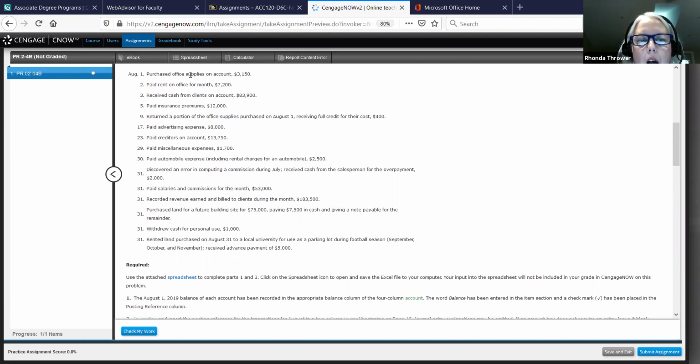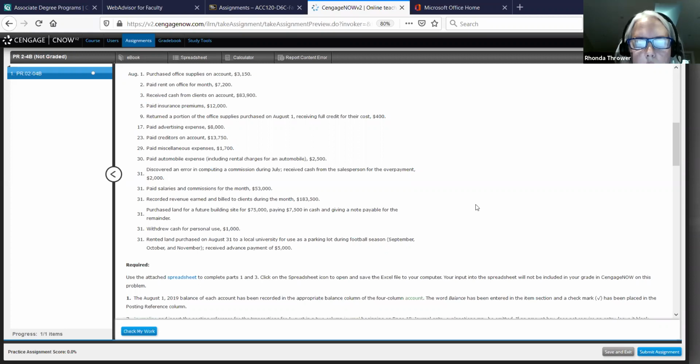Once we get all of our August transactions recorded into the journal, we're going to post to the ledger just like we did in a previous recording. Then we're going to prepare a new trial balance for this period of time, which will be August the 31st. So we're doing basically the same steps that we did in the last recording.